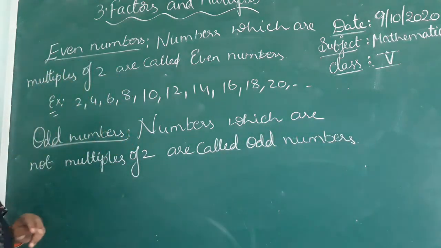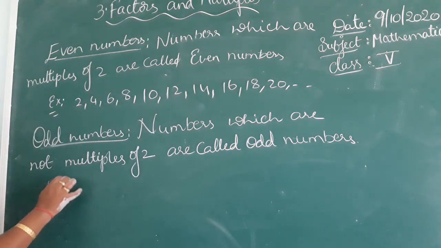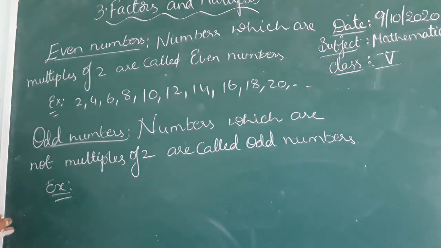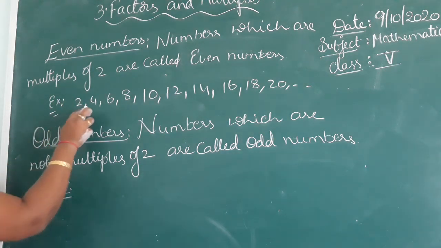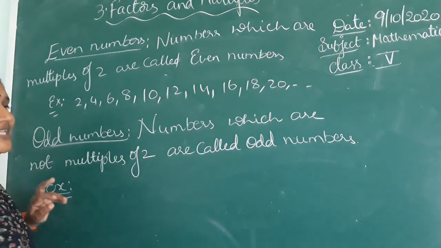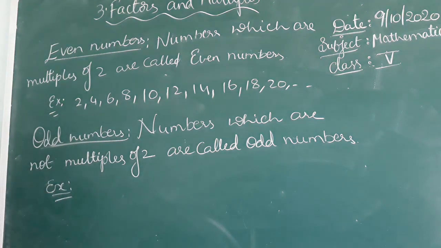See the examples of odd numbers. The numbers which have 1, 3, 5, 7, 9 at one's place, those are all odd numbers. The numbers which have 0, 2, 4, 6, 8 at one's place are called even numbers.